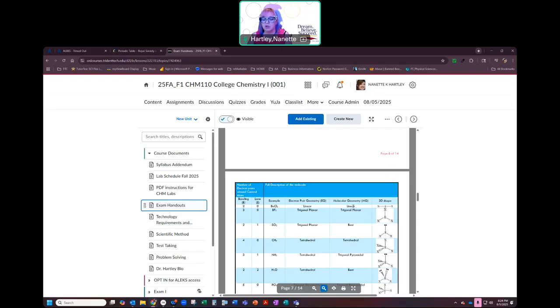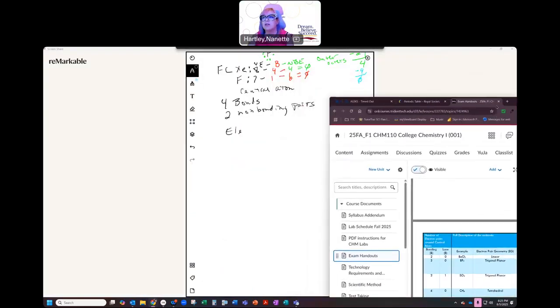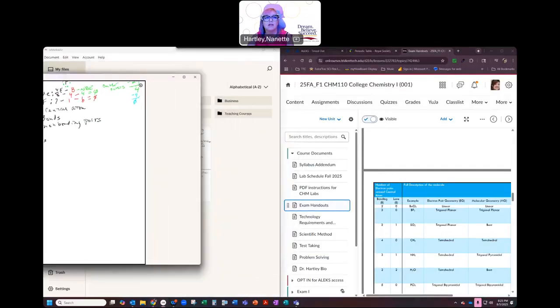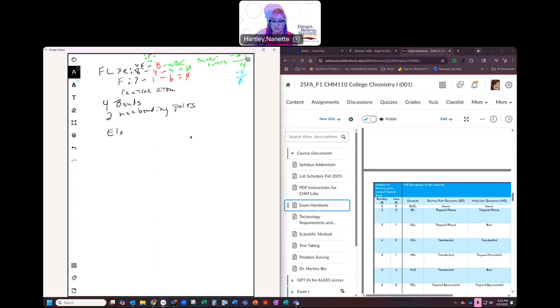The molecular geometry is the second. So I'm going to write electron pair geometry here. Oh, hold on. Move this over so we can look at that. And then the molecular geometry.